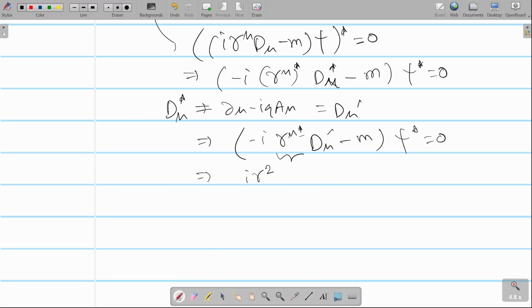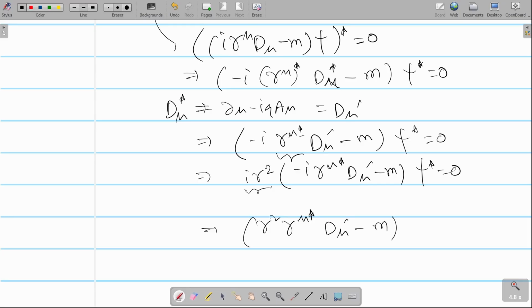Now, why am I multiplying the whole equation with i gamma 2 will be clear in a bit. Bear with me. So we do that. We multiply this equation with i gamma 2, and we have gamma 2 gamma mu star D mu prime minus m, and you have i squared minus i squared, so that would be a plus 1, and you are left with m acting on psi star is 0.